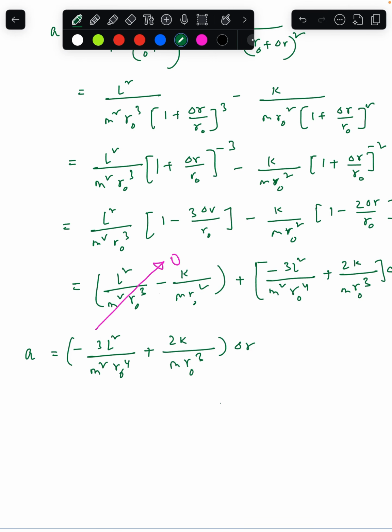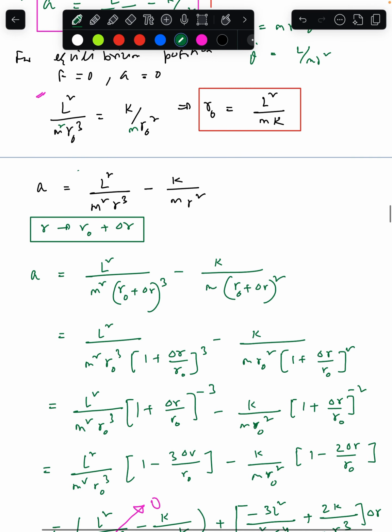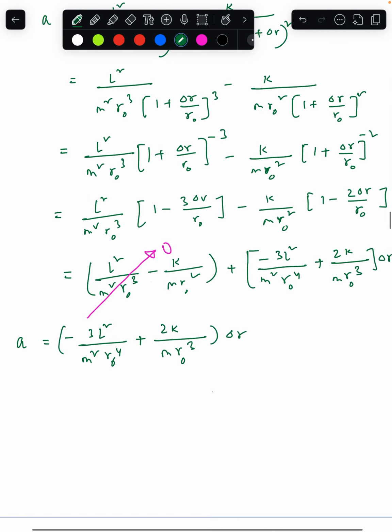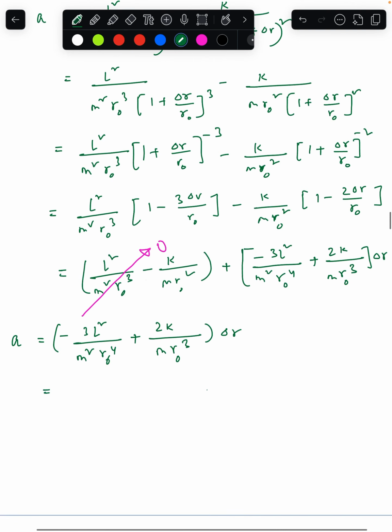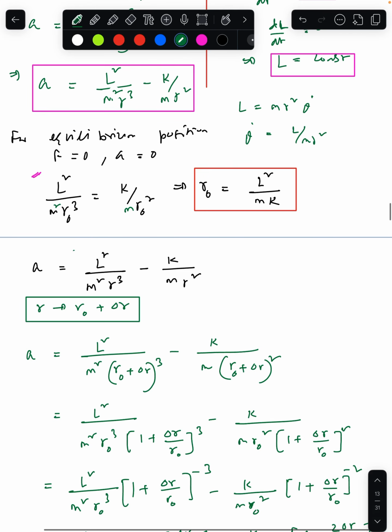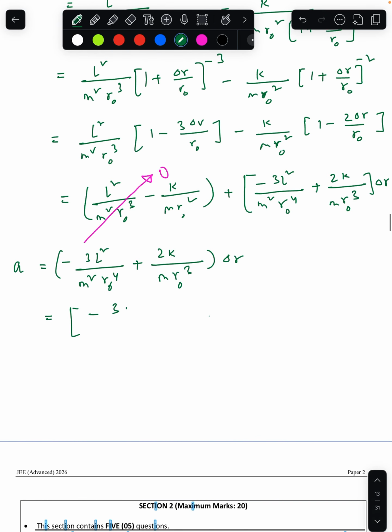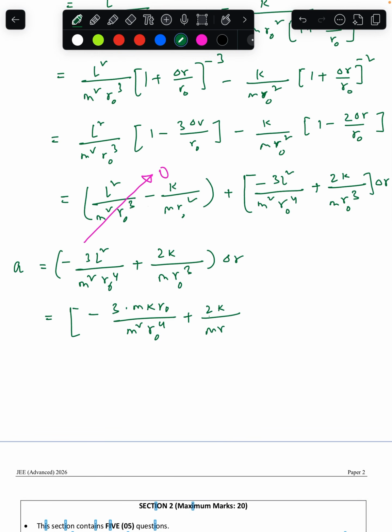So let us go through the calculation that we have already done. Here you can check that r naught is equal to L square by mk. If I replace the value of L square, L square means mk r naught, we get minus 3 mk r naught by m square r naught to the power 4 plus 2k by m r naught cube into delta r.